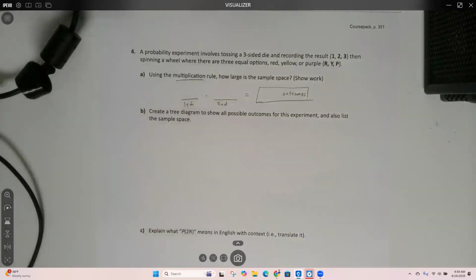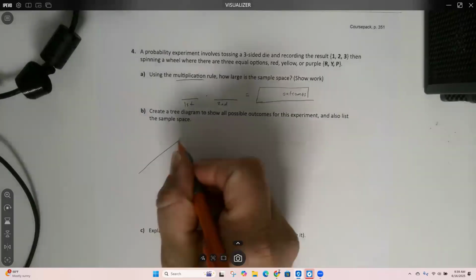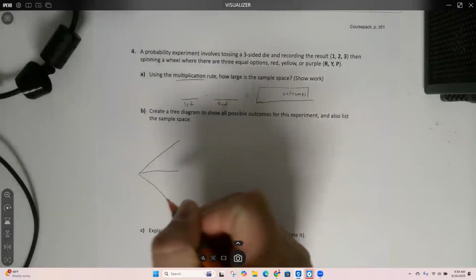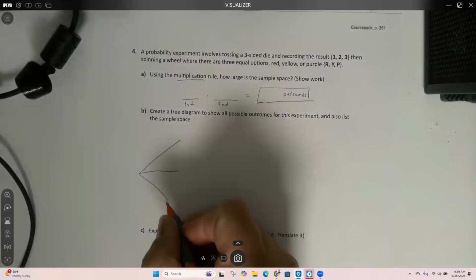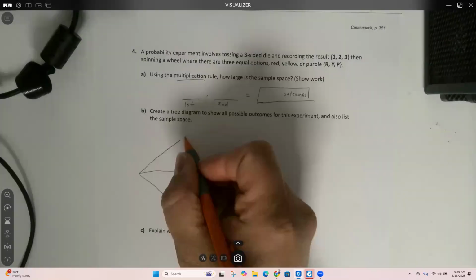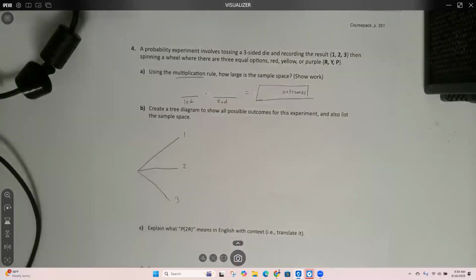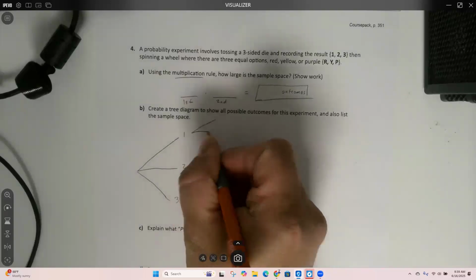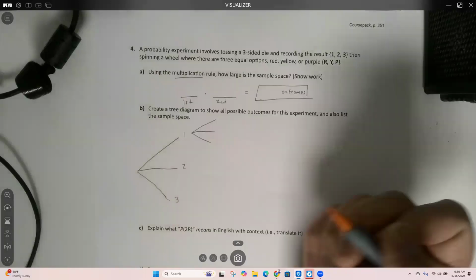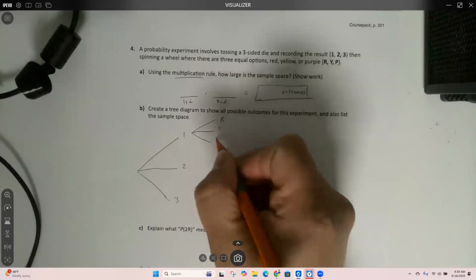All right. So for part B, create a tree diagram. That's one of these guys, right? So if I roll my dice, I might get a one, a two, or a three. And then for each of those results, I got a little tree right here that says it could be red, could be yellow, could be purple.